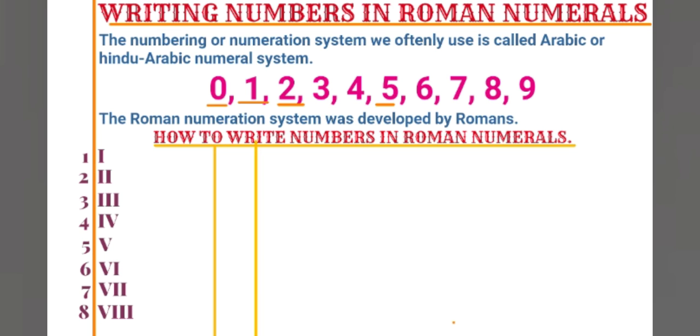Now let's move forward towards the other numbers. After 8, there comes 9. For 9, there's something different, because 9 has 1 I and 1 capital X. The numbers from 1 to 8 follow the same pattern because they have two letters, V and I. But for 9, we split the letters as 1 capital I and 1 capital X. Let's move to the next number.